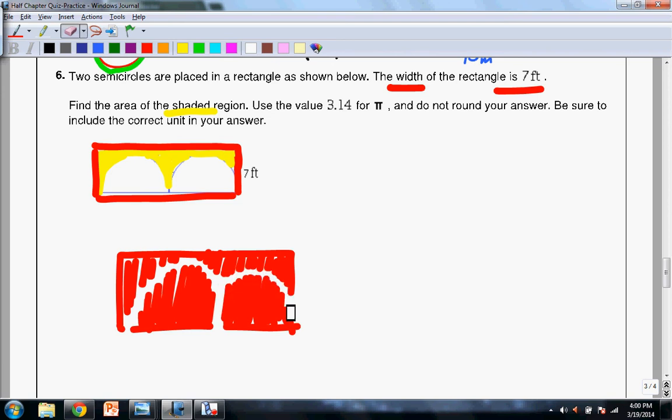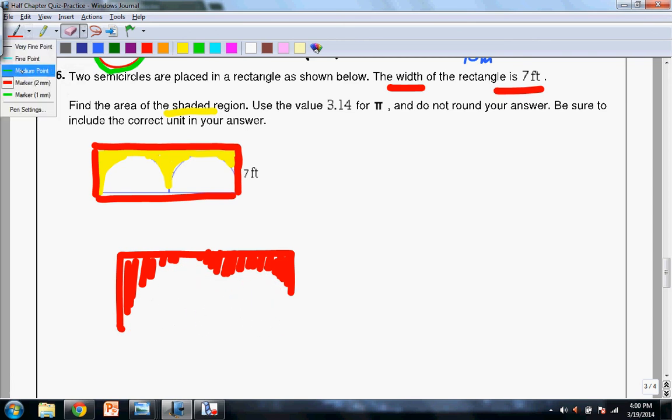and I erase, notice I'm erasing right now. If I erase my half circles, then I'm going to have that shaded region. Do you see that? It would look like this, the shaded region.